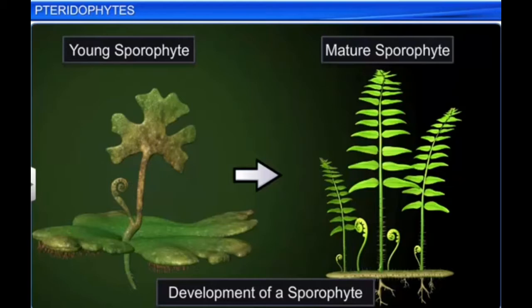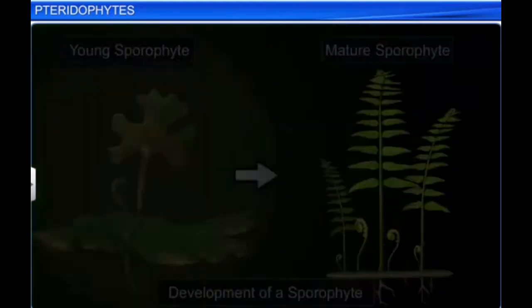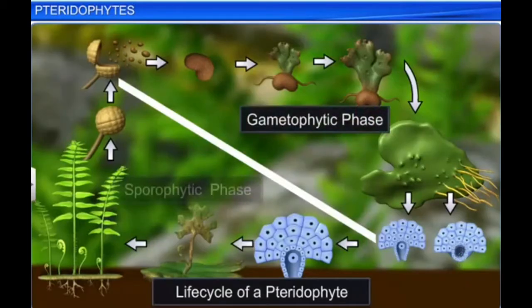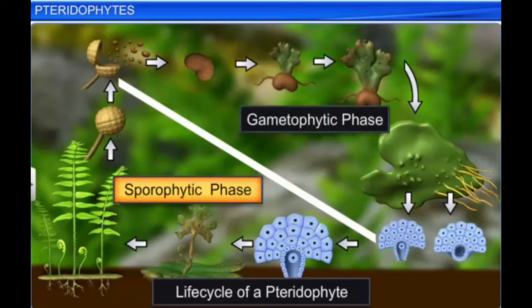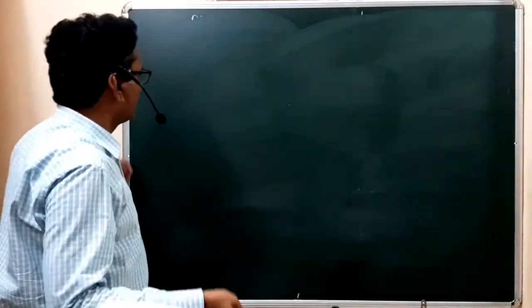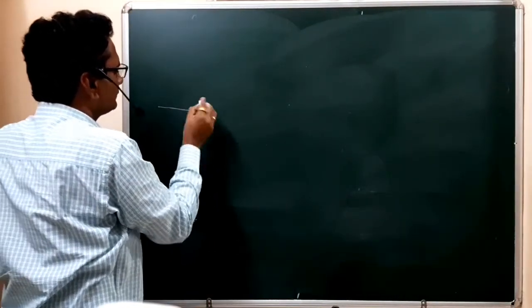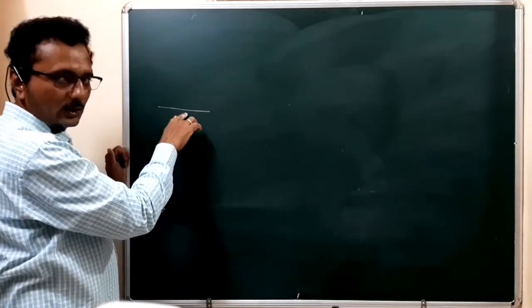This completes the life cycle of a pteridophyte, which is divided into the gametophytic phase and the sporophytic phase, the most dominant phase. See that Nephrolepis plant. Suppose this is the soil level.